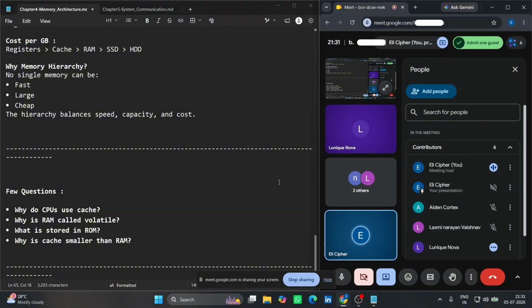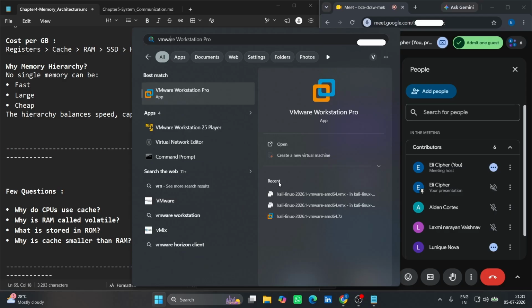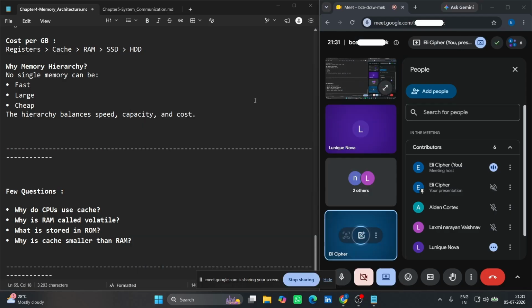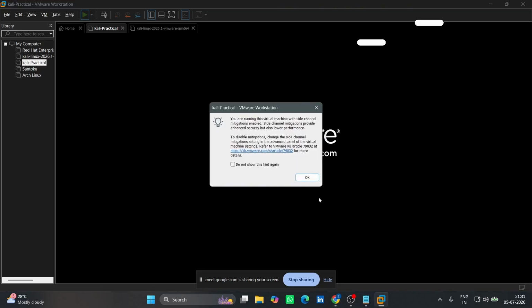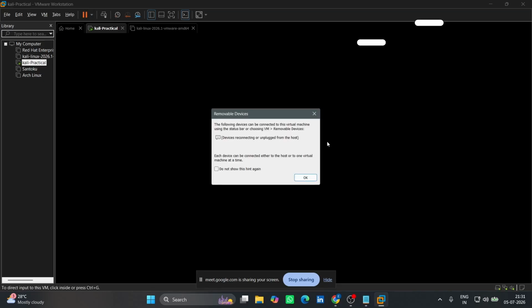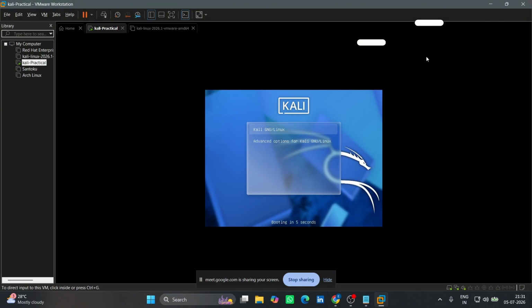For example, I'm using VMware, which is a virtual platform. See this process, right? This is known as booting. Here it is also written booting in 1 second, right?